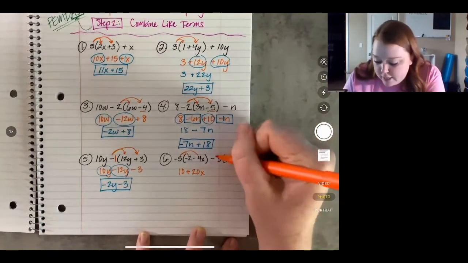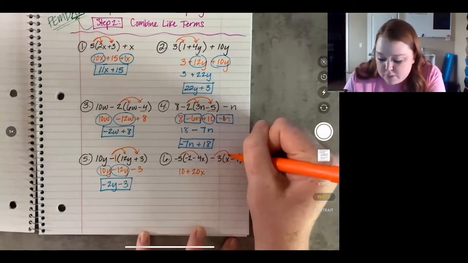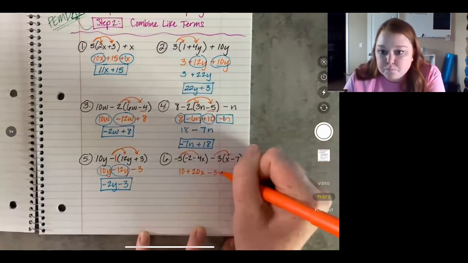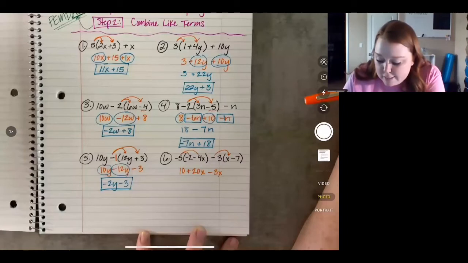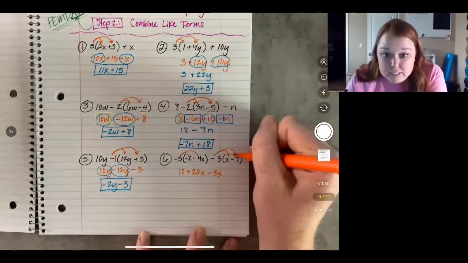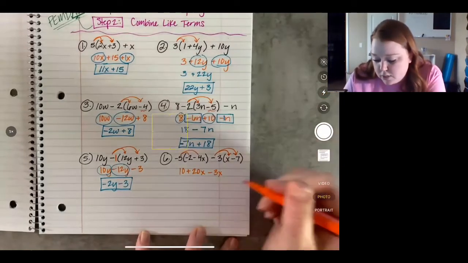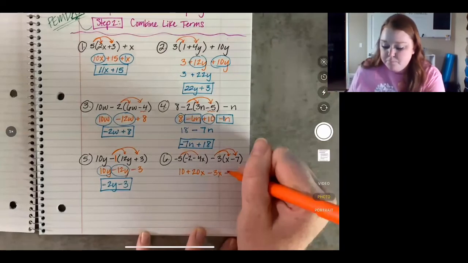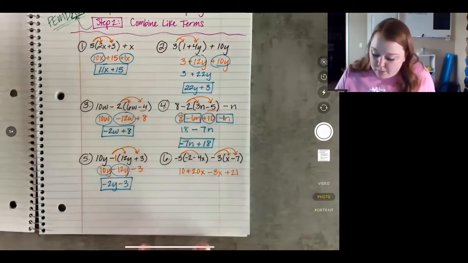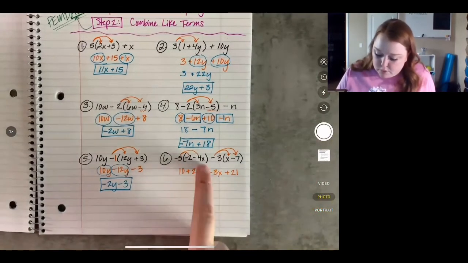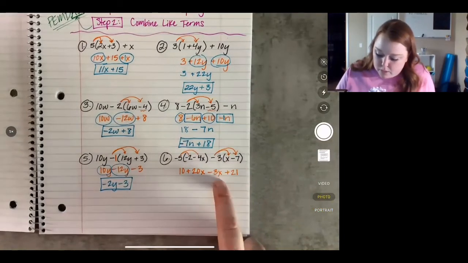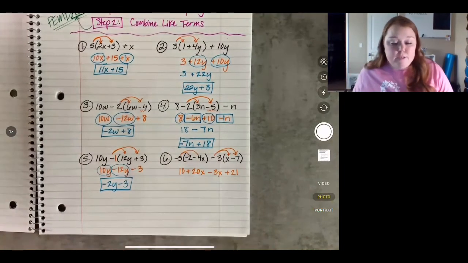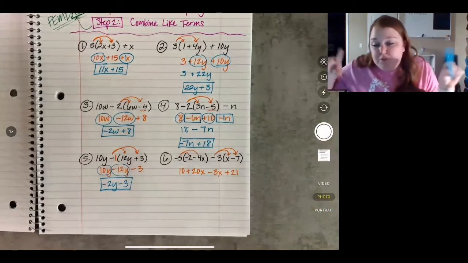So I have negative times x, which is -3x. And I have -3 times -7, which is +21. Okay, so I'm just going to check my work real quick. +10, +20x, -3x plus 21. Okay. So I did double distributive property.